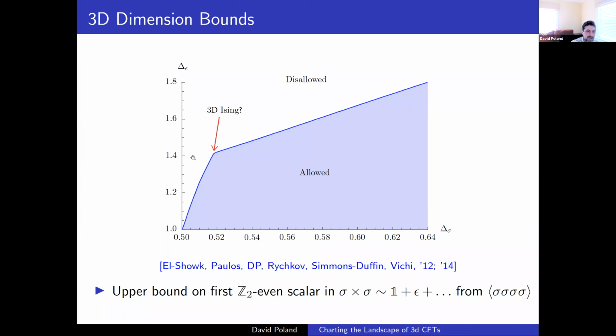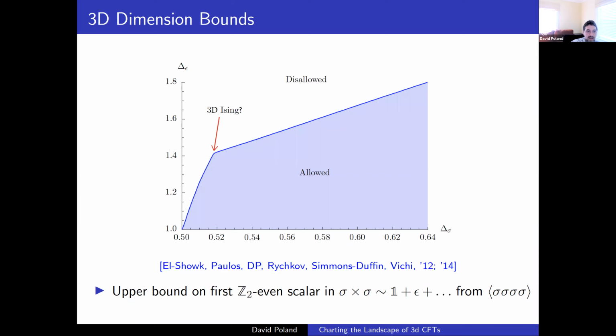And then if you keep going past this kink, something becomes non-unitary. Say some operator has a coefficient which is going down to 0 as you approach this kink, and then tries to go below 0 if you continue that family of solutions. And similarly with this curve. So one way to think about these kinks is that they correspond to positions where some operator has a coefficient going to 0 as you approach it, and so some operator is decoupling from the spectrum.